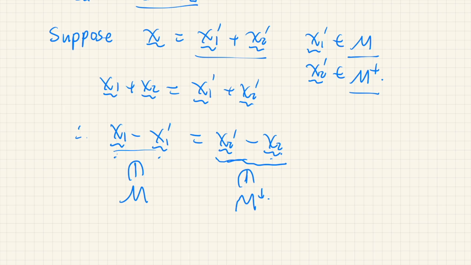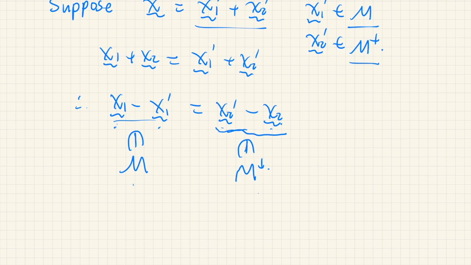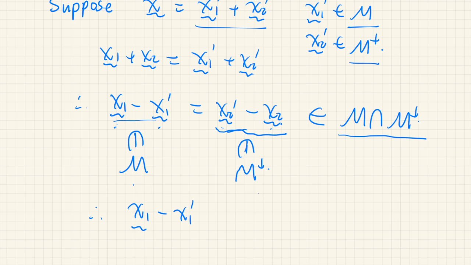So these vectors belong to both M and M complement, that is, to the intersection of M and M complement. As we have seen before, the only element in this intersection is the 0 vector. So x1 minus x1 prime is equal to the 0 vector, which is also equal to x2 prime minus x2.